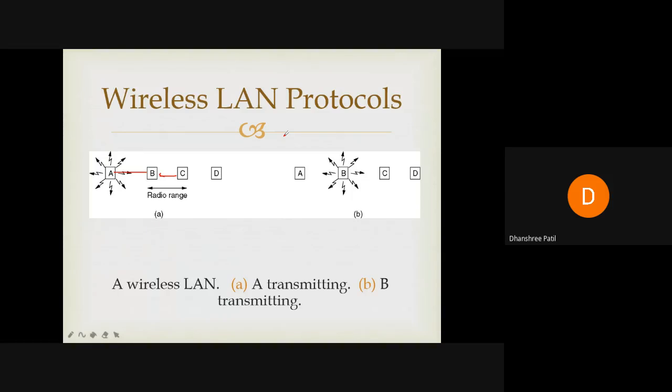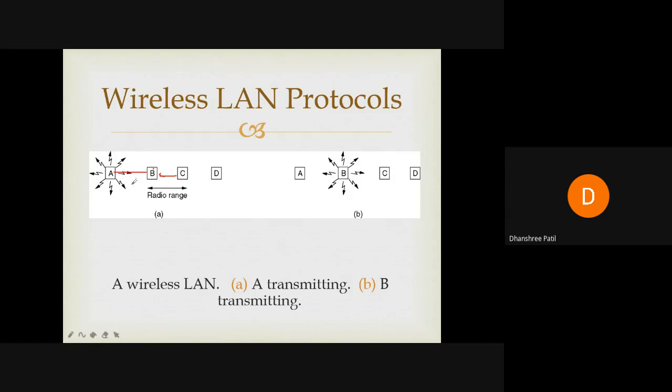CSMA checks the medium before the transmission, right? Now suppose for example A, B, C, D are the four stations. They don't know who is next, so they are separated from each other.